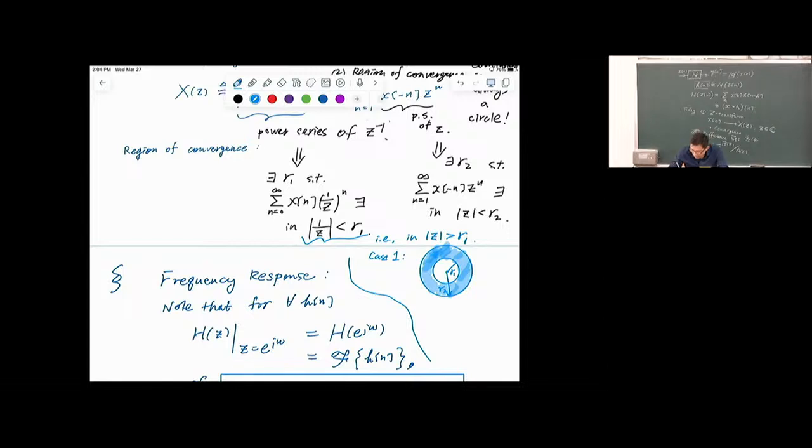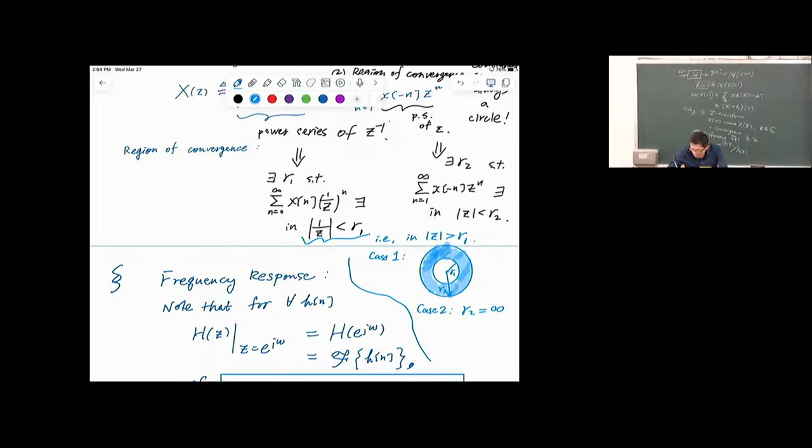And case two is possible that R2 is actually infinity. It's possible that the second sequence converges everywhere.